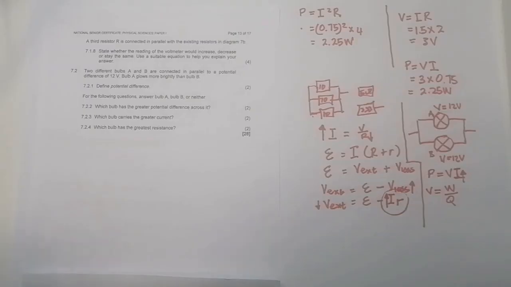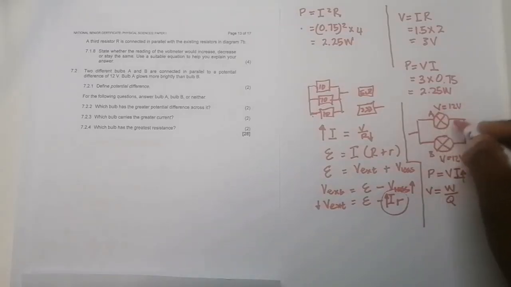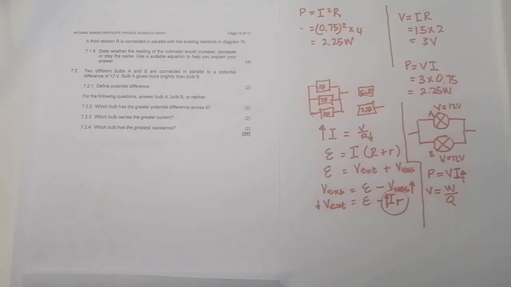So the answer there is going to be neither. They say which bulb carries the greater current. I've shown you there that because it's glowing brighter, bulb A should actually have more current. So that would be bulb A.